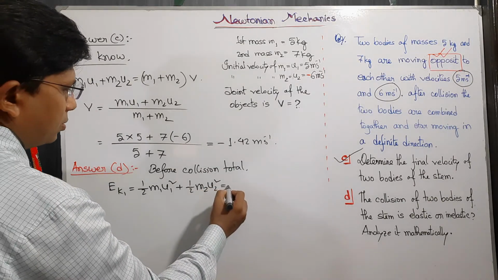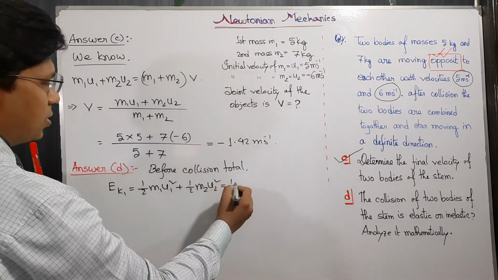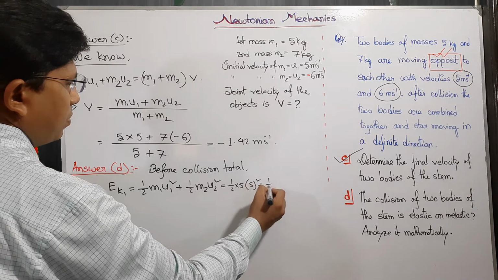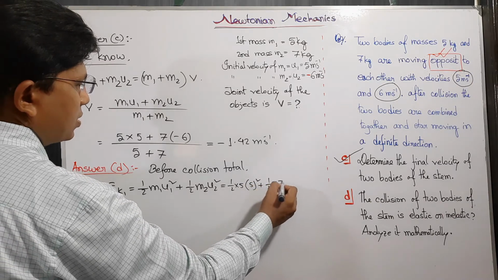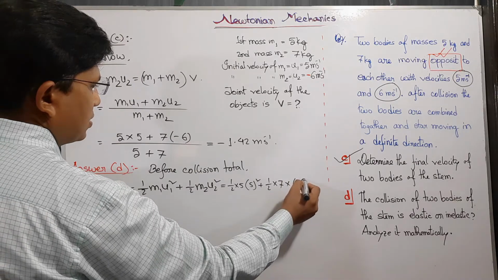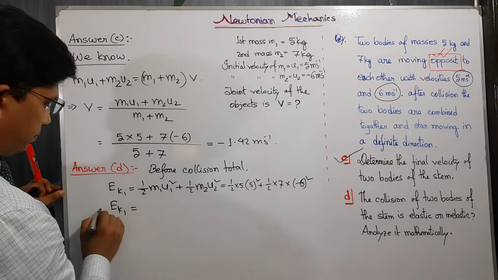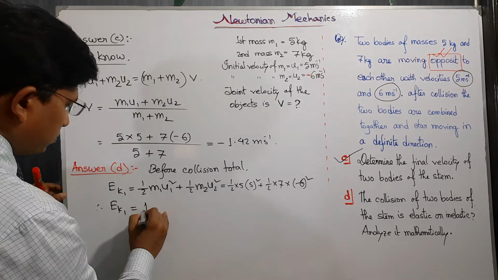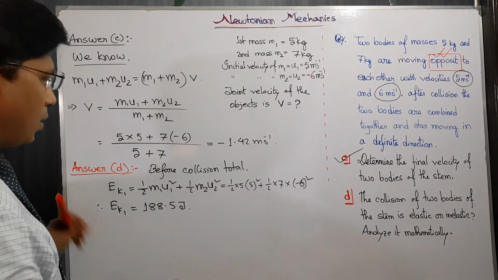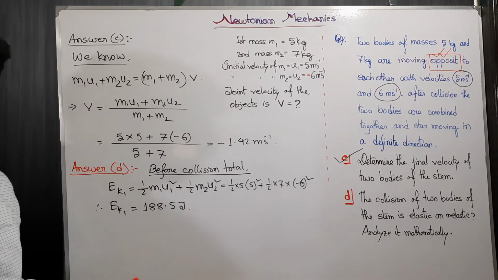Put the values here: half m1 is 5, u1 is 5 square, plus half m2 is 7 and u2 is minus 6 whole square. This is the before collision total kinetic energy.